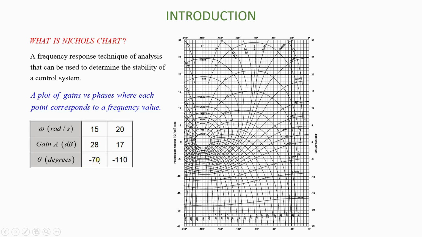So we're plotting gains versus phases. This is what we are interested in in order to plot the point. And so on the x-axis here, you have the phases, and on the y-axis, you have the magnitudes. Okay, and when I say magnitudes, it's the gains.